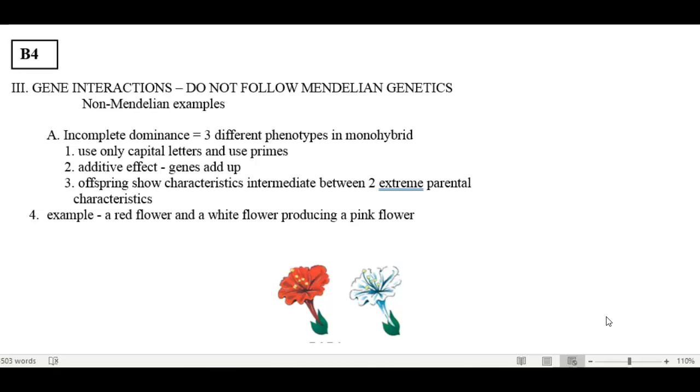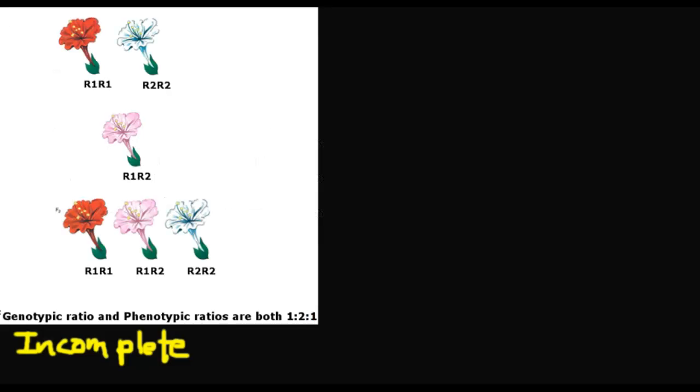There's going to be an additive effect. The genes are going to add up. And the offspring are going to show characteristics in between the 2 extreme parental characteristics. This is kind of like the blending idea of genetics. A red one and a white one, and you get pink. So here is an example of incomplete dominance.